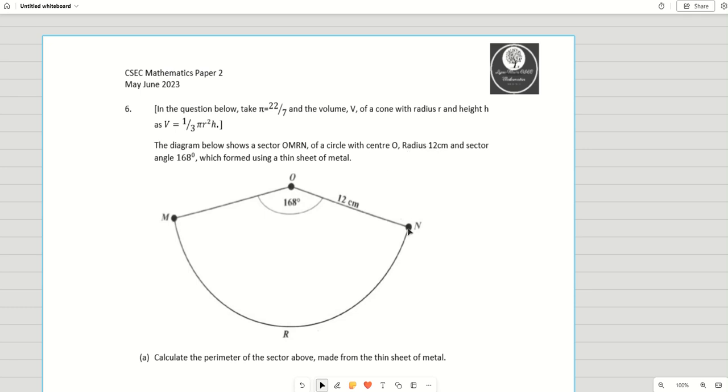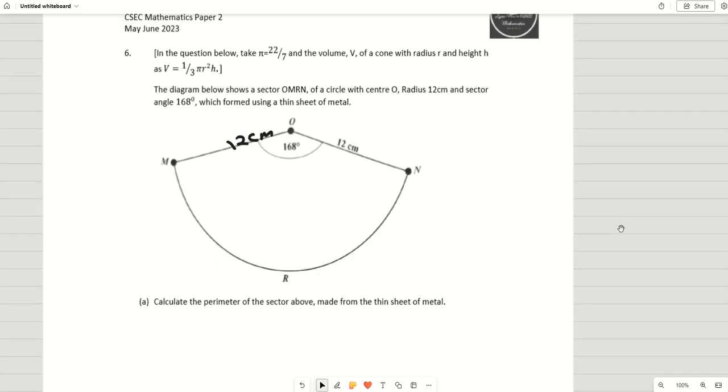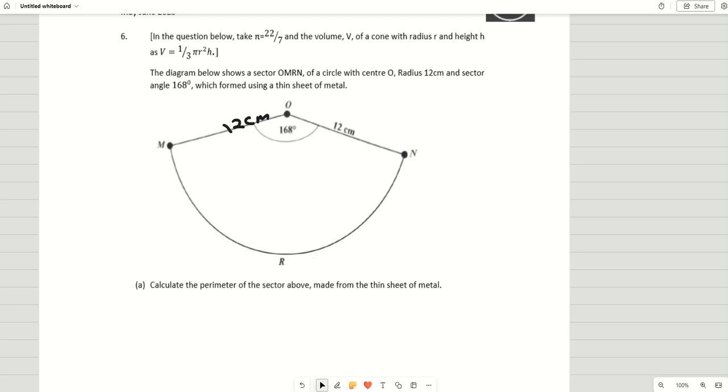So if the radius is 12, then ON is 12 as well as MO, because those two are radius, from one side of the circle to the center. And the sector angle is 168 degrees, which is formed using a thin sheet of metal. Calculate the perimeter of the sector.